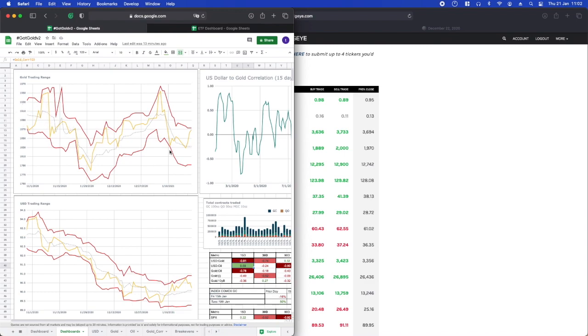So these are all the previous risk ranges, for instance, for gold. And in yellow is the daily price. And then I add in this sort of center line, which makes it look very much like a Bollinger Band.